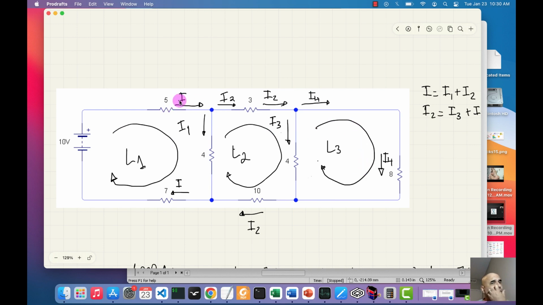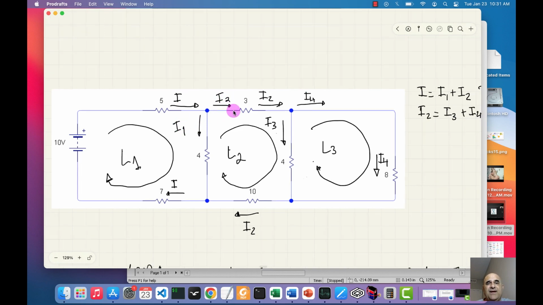Look, this is the current crossing this register here, coming from here, which is I. This current will be divided into 2 currents, or it will be split into 2 different currents, I1 and I2.